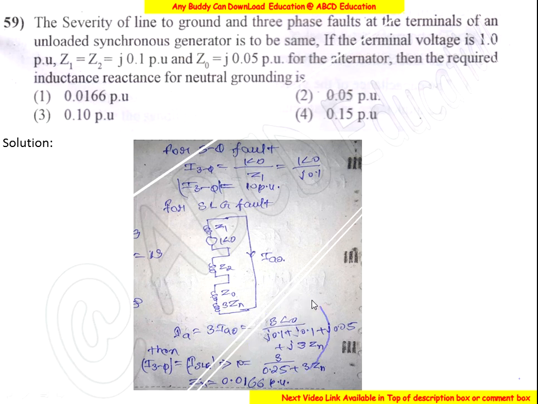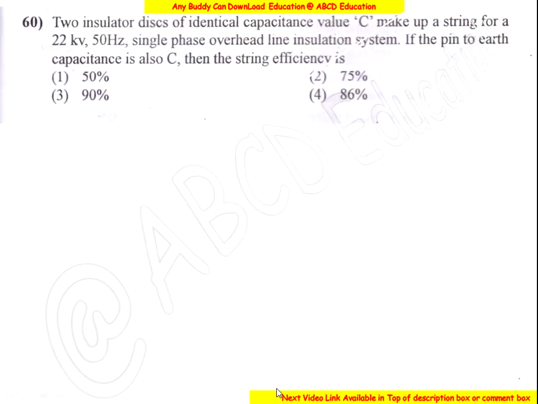So now put the values of Z1, Z2, and Z0 plus 3Zn, and this will equal the single line to ground fault current equals the three-phase fault current, as mentioned in the question. So Zn becomes 0.0166 per unit. So the answer is first.